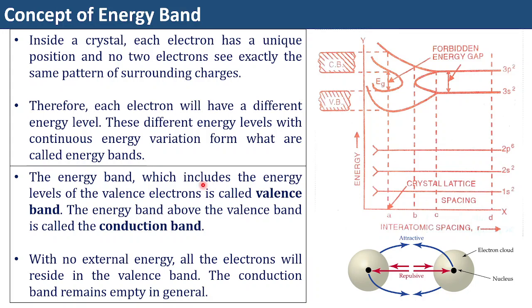Now the energy band which includes the energy levels of the valence electrons is called the valence band. The energy band above the valence band is called the conduction band. I will explain in detail how exactly this valence band and the conduction band are formed. This is CB, meaning conduction band, VB means valence band. With no external energy, all the electrons will reside in the valence band, and the conduction band is practically empty.